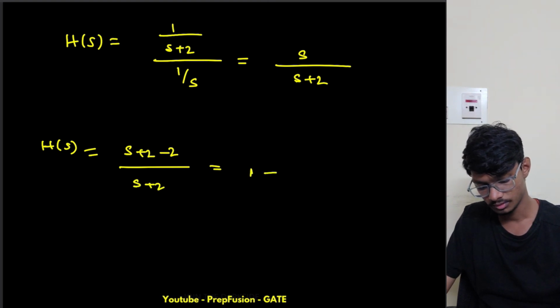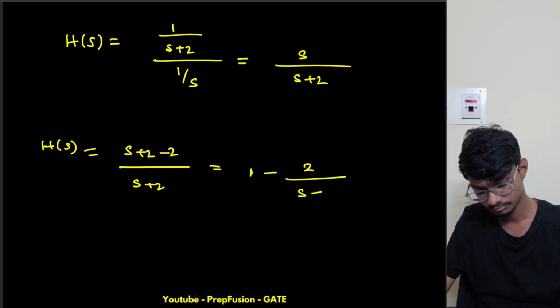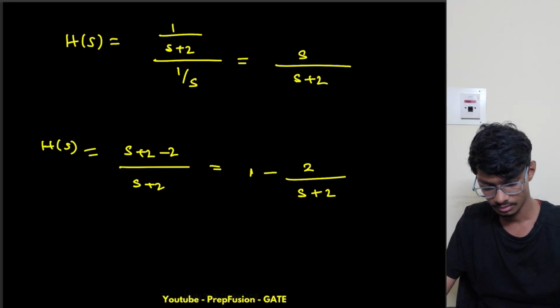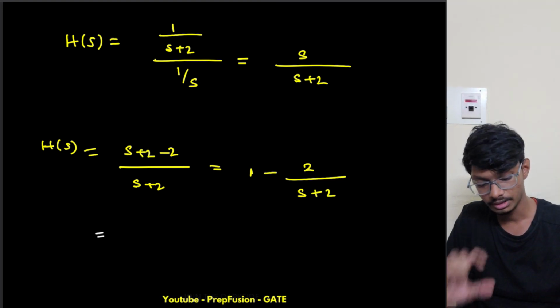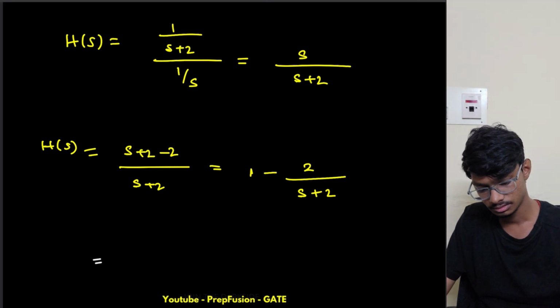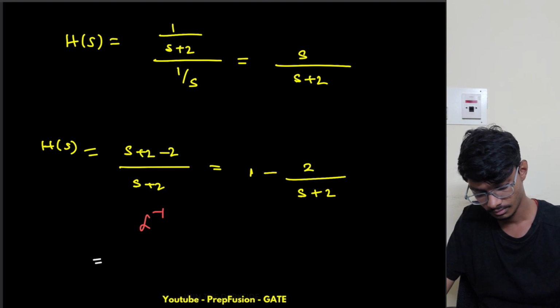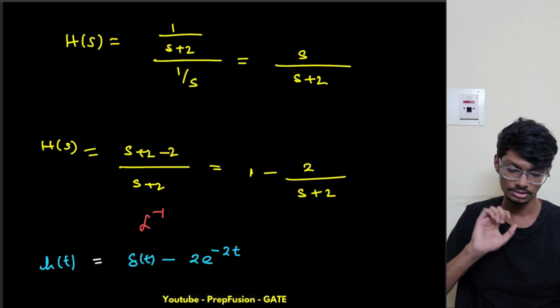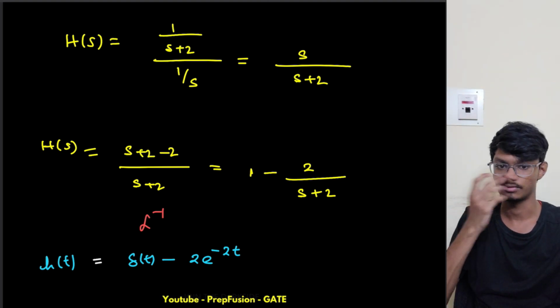So it is 1 minus 2 divided by s plus 2. Now let me take the Laplace inverse, right? The Laplace inverse of 1 is delta of t, so delta of t minus 2 e raised to power minus 2t u of t. So this is h of t. Okay, this is our impulse response, as from the earlier method also.